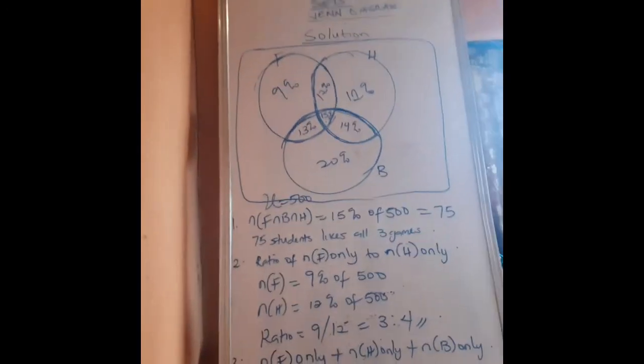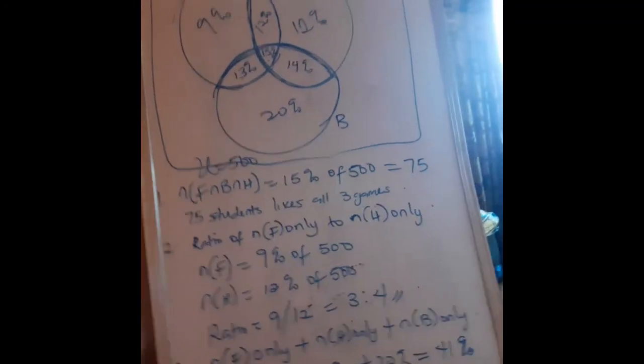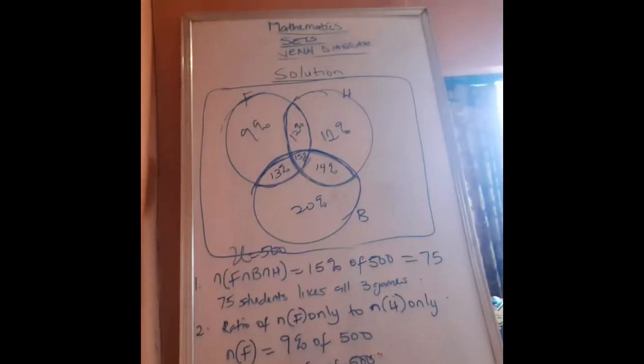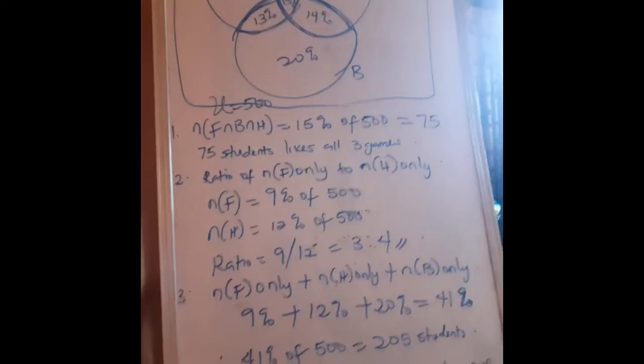So that's that on sets. We have that on Venn diagrams. We have that of 2 and 3 sets. We've done for two sets, and we've also done for 3 sets. So that's that on it.